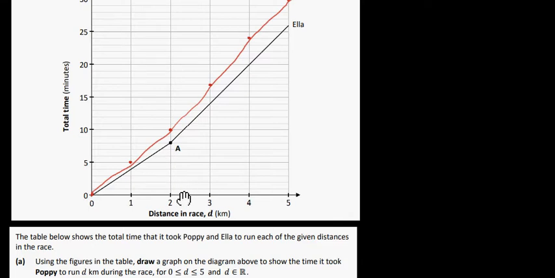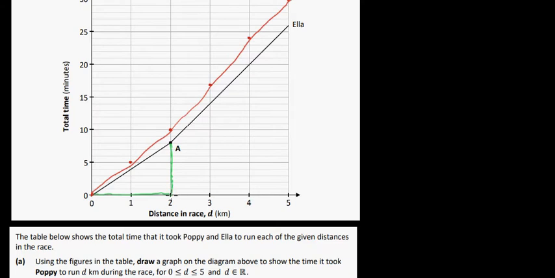Now what I'm going to do here is work out the slope of this line and the slope of this line, write down the units, and compare the two. You can see it's a straight line from here to here. It's a straight line from A up to the end. So I'll take this triangle along here.